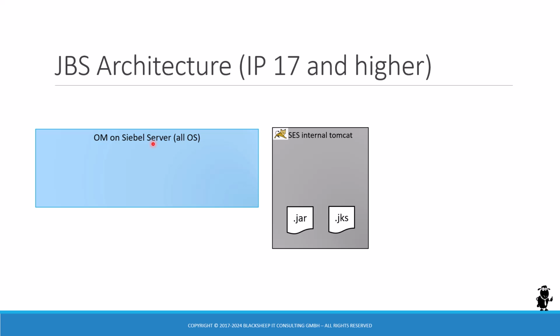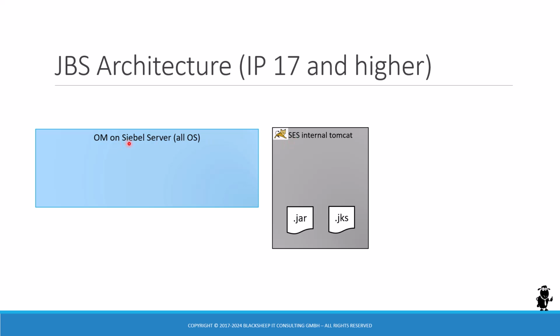I refer to it as SES to refer to the Siebel server more than the configuration agent, which is also part of it. So let's not fall into that trap with naming conventions. That's the Tomcat that is on the same machine as the Siebel server, and it's with every Siebel server in your environment.